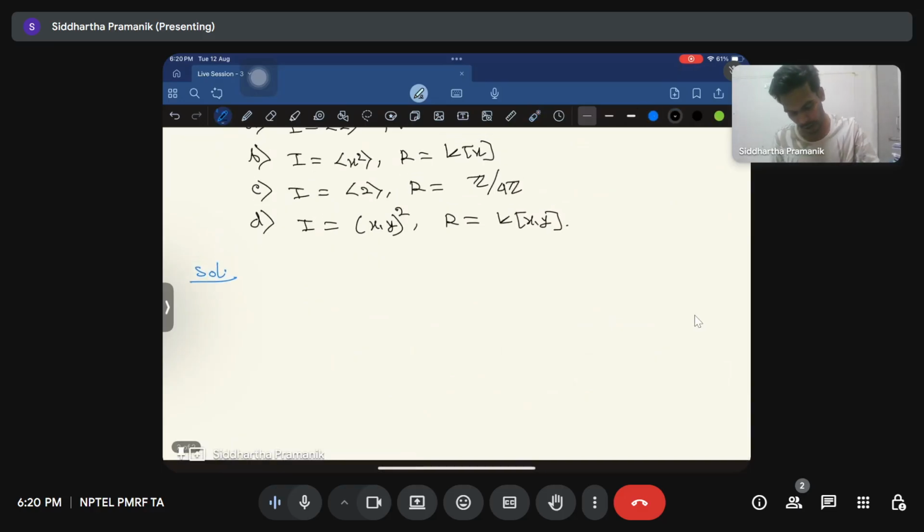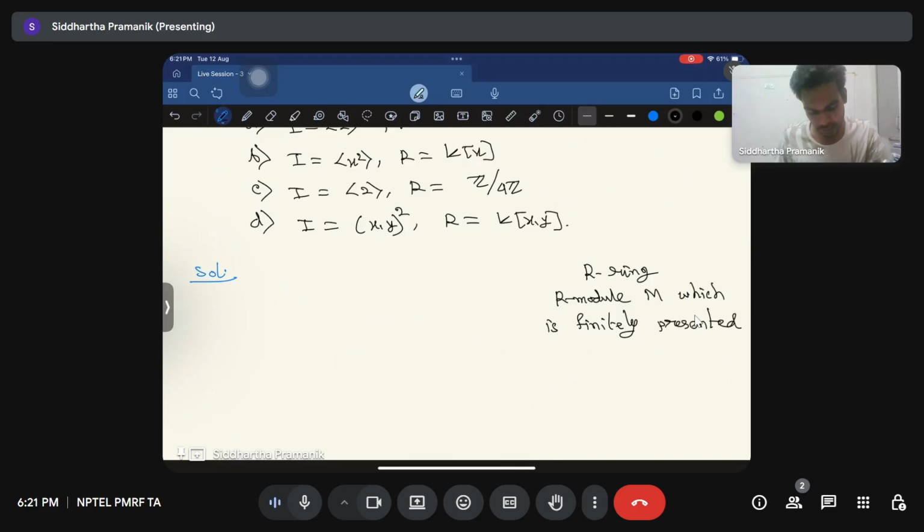If you take a ring R, and if you take an R module M which is finitely presented, finitely presented means there exists an exact sequence, let's say R^m to R^n to M to 0.